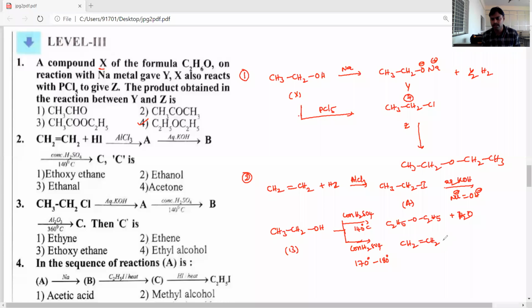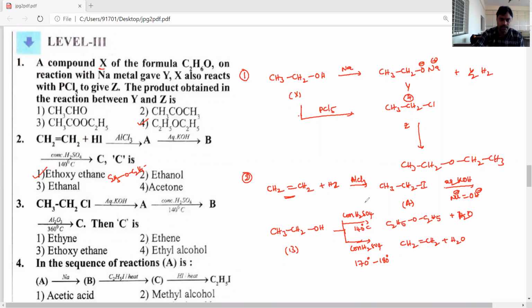Now in the question, they asked ethyl alcohol reacting with concentrated H2SO4 at 140 degrees centigrade. What is the product? The product is ethoxyethane, which is nothing but diethyl ether, C2H5-O-C2H5. At 180 degrees, ethene forms by loss of a water molecule.